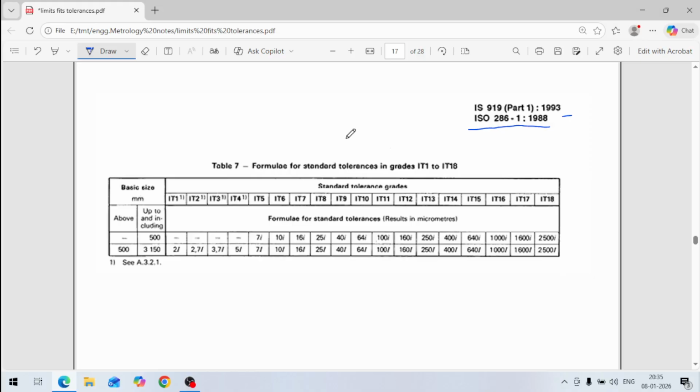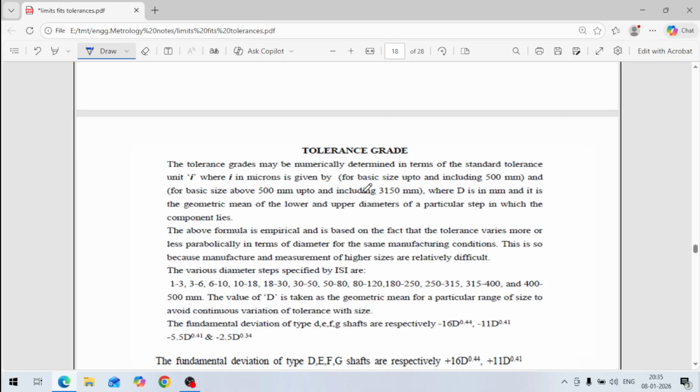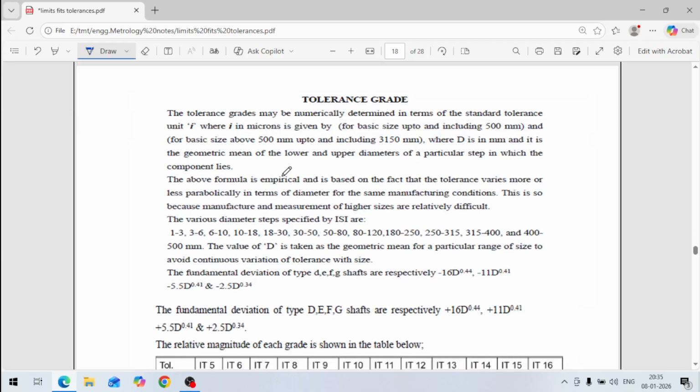After revision, two tolerance grades were added, IT 17 and IT 18, international tolerance grades. Otherwise, all the things are the same as in the previous standard. So this is our revised system of tolerances. And if you see now, these are tolerance grades.